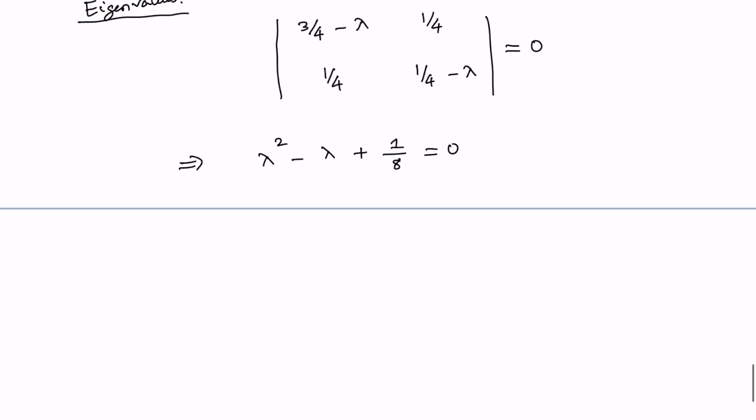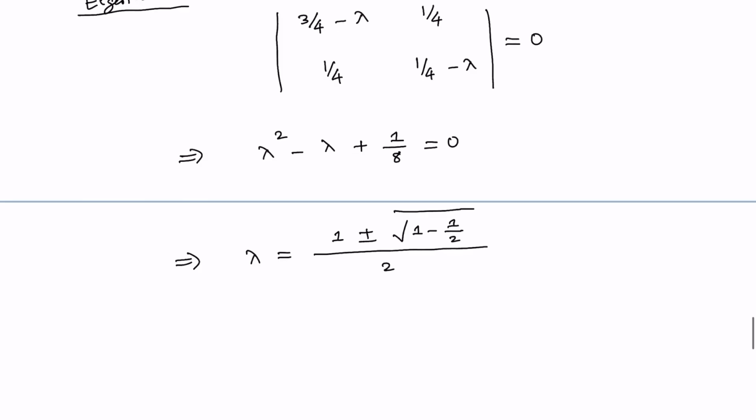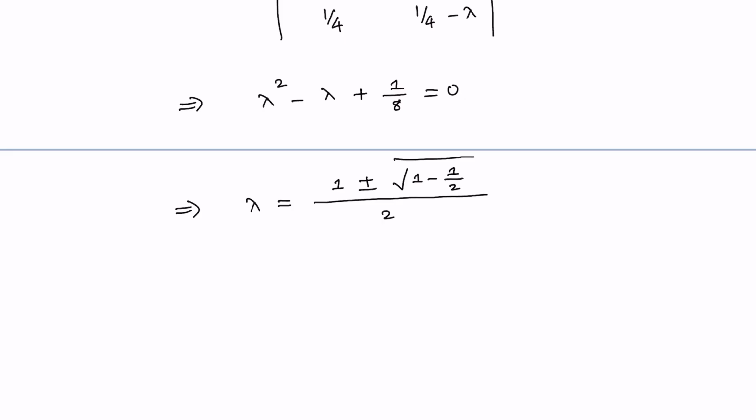And this is a quadratic equation, so its solution would be lambda equal to 1 plus minus, b square minus 4ac, over 2. So this is going to give you lambda equal to (1 plus minus 1/root 2) over 2.